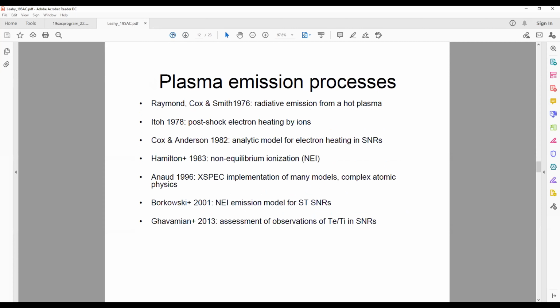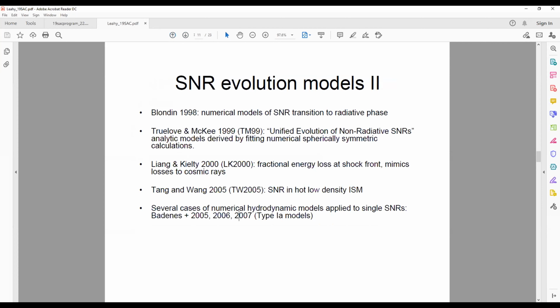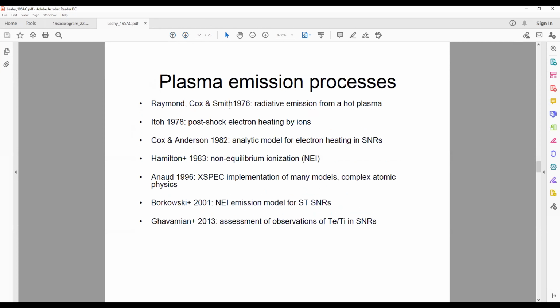In the meantime, along with all of these improvements of supernova remnant evolution models, plasma emission processes, which were first approximated simply, came to include various radiative emission processes: free-bound, bound-free, two-photon emission, all of the different atomic emission processes for an optically thin plasma.